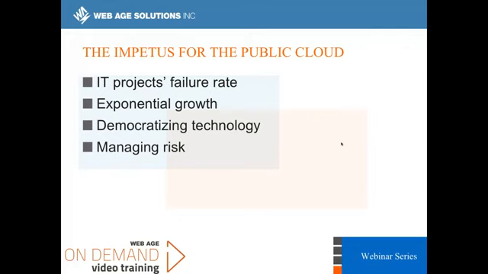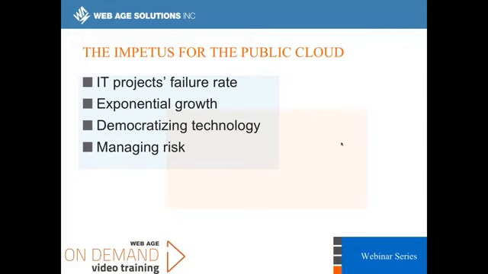And along with it comes the idea of managing risk. You know, just inserting technology into a company is not guaranteed to create a good situation. It's not guaranteed to be successful. There are an enormous number of risks, an enormous number of dimensions that risk can occur. So the public cloud was actually created to address these.